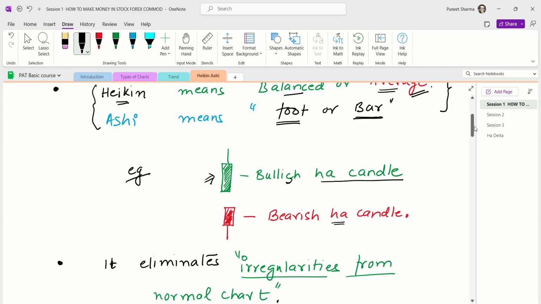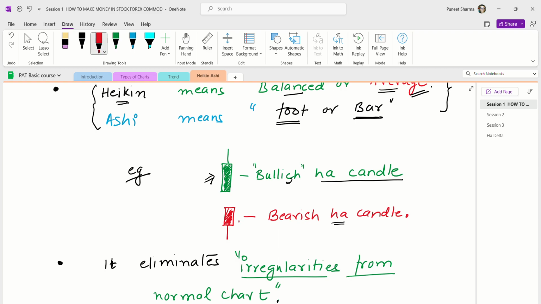There can be two types of Heikin bar, a bullish Heikin candle or a bearish Heikin candle. In a bullish Heikin candle, you would see a green box at the base and a wick at the top. This is a clear indication of a strong bullish Heikin candle.